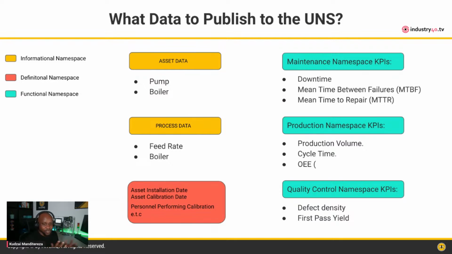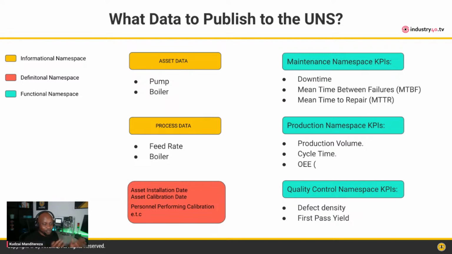So for example, maintenance teams always use things like mean time between failures, mean time to repair, or downtime to track the maintenance KPIs. That information would live under a maintenance namespace, right? So you would have your MTTR live, say, under a production line. Line one, you'd have an MTTR, or under a piece of equipment, you'd have an MTTR.